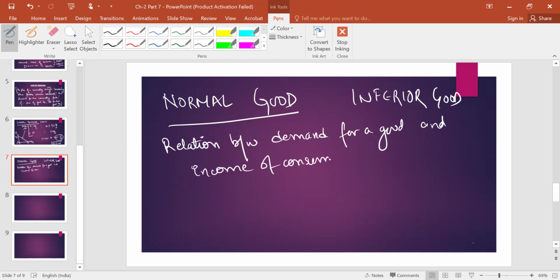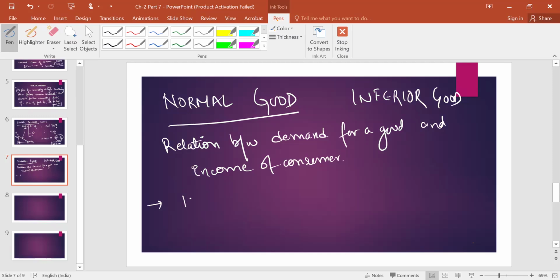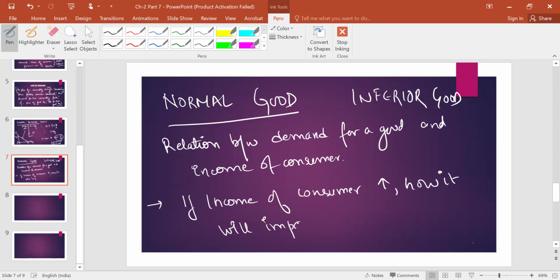That's what we are considering. So what happens if the income of the consumer increases? How will it impact the demand for the goods? I'm just rewriting it in different formats.